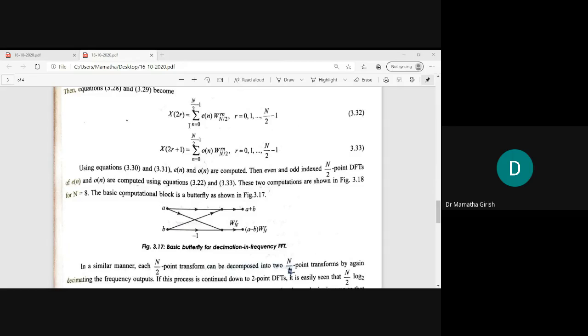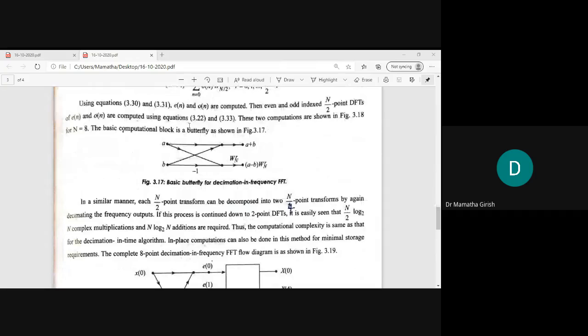Before we could get on to the signal flow diagram till this particular stage, unlike DIT FFT algorithm, whatever was the basic computational structure which was referred to as the butterfly takes this kind of representation in case of DIF FFT algorithm. That is, A and B represent the two inputs. And this factor has to be multiplied by minus 1, and this Twiddle factor is represented by W to base n to the power of r.